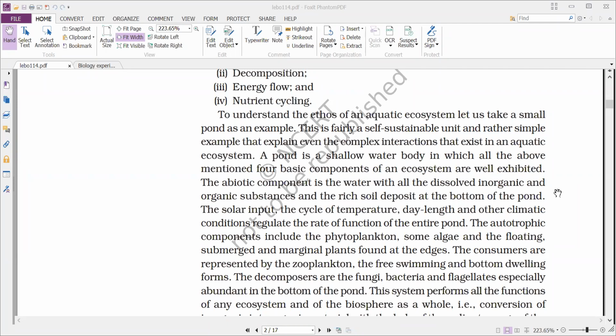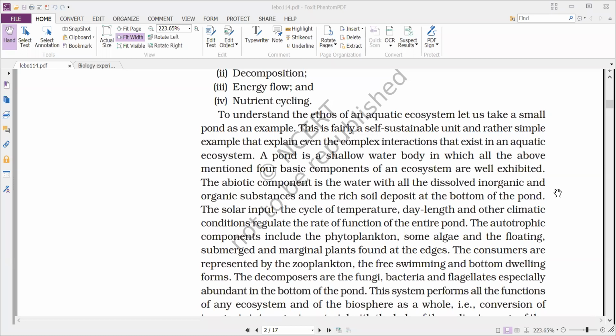These are the abiotic factors regulating the pond ecosystem, along with nutrient availability.